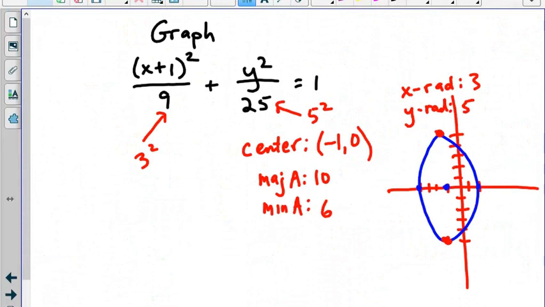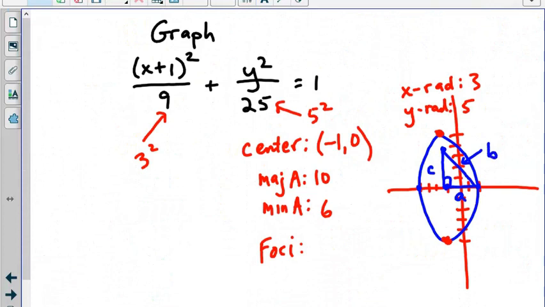And then the focus points, those are the other things that we really have to care about. The focus points, remember, if we look at where the focus is going to be somewhere around here. This distance, which is c in our definition, and this distance, which is a in our definition, will make the Pythagorean theorem with b.